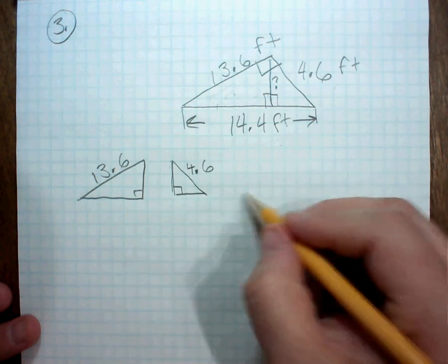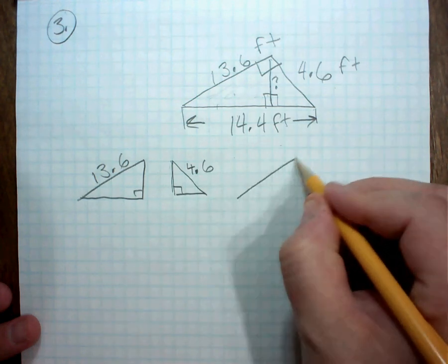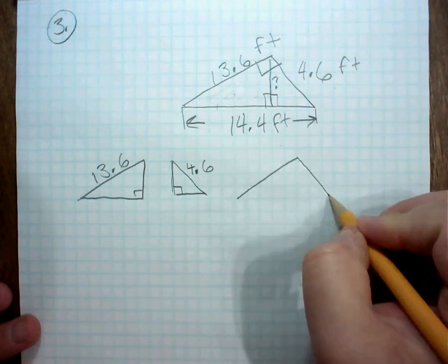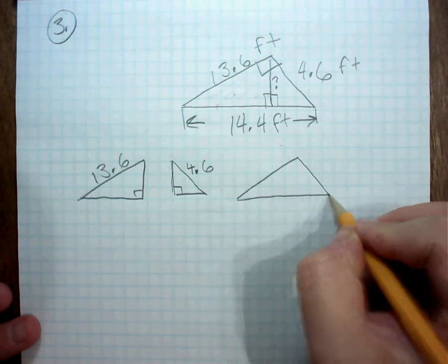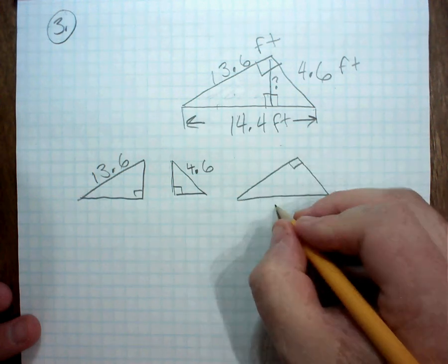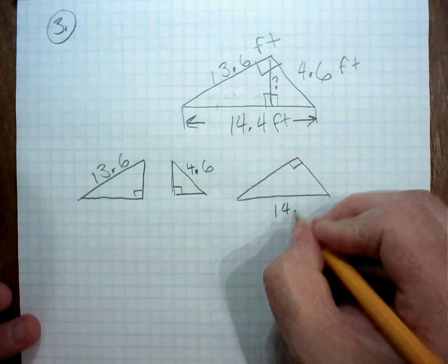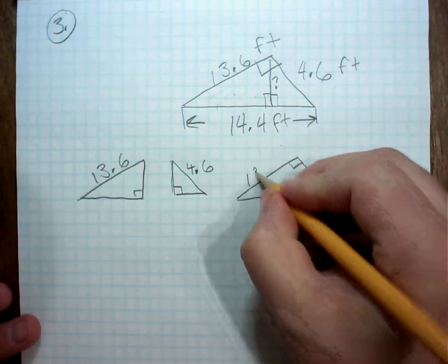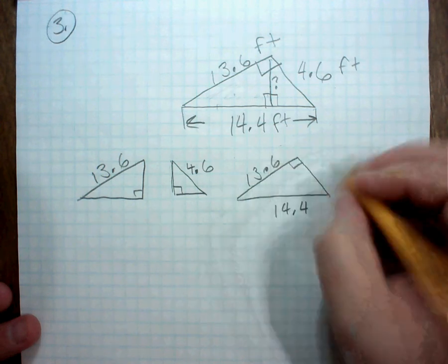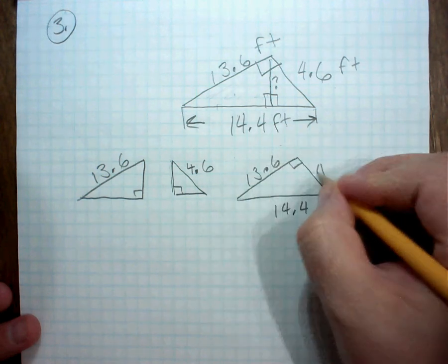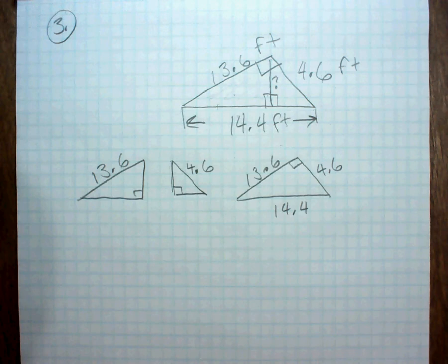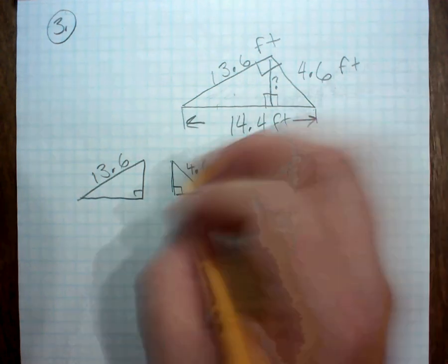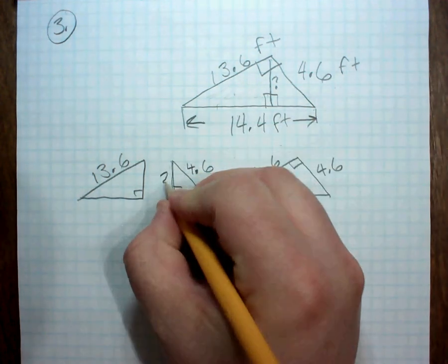And then I have a third triangle that looks like this, where the hypotenuse is 14.4. This side length is 13.6, and this side length is 4.6. Okay, so what I'm really interested in is the height right here.